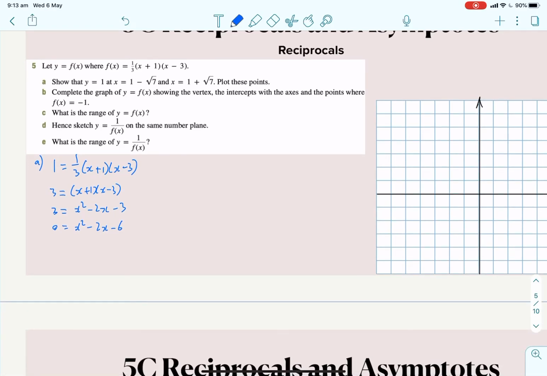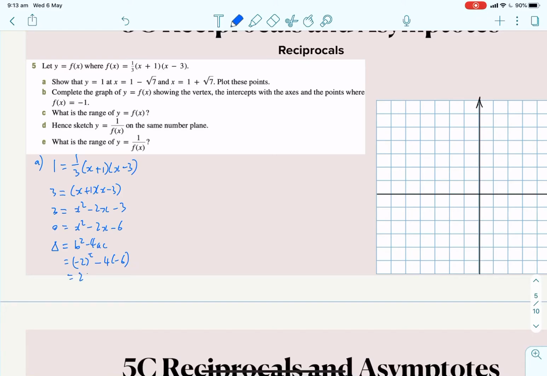Well, I don't think we can factorize this, so let's use the quadratic formula. Let's work out b squared minus 4ac first. b squared is -2 squared minus 4 times 1 times -6.